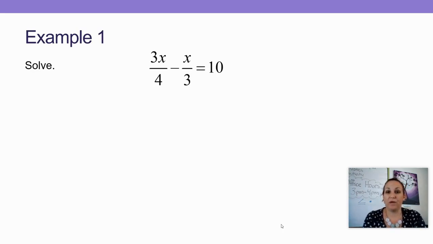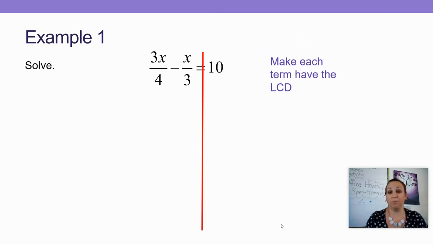In this problem, I have two fractions, and so we're going to deal with this a little bit differently than how we did when it was just one really big fraction. Since they're two separate fractions, I need a new strategy. The strategy I'm going to use is to create a common denominator for every term in the entire problem.